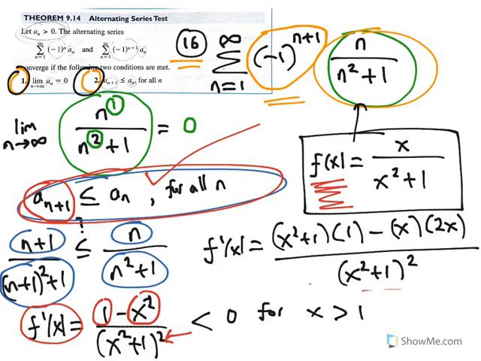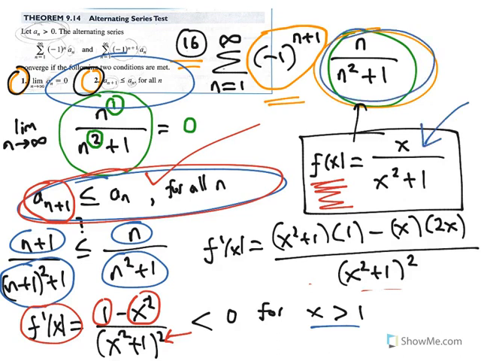Because the derivative will be negative for x greater than 1, we know that the relationship we're interested in for the alternating series test has to be true for n greater than 1. Basically, the function that we considered is decreasing, so when you look at the corresponding terms of the sequence, a sub n has to be getting smaller each time.